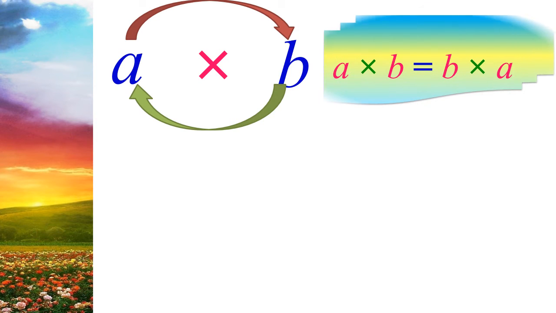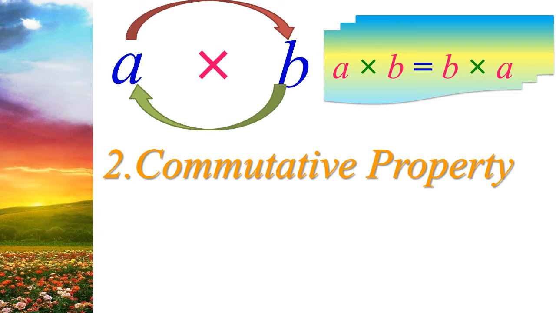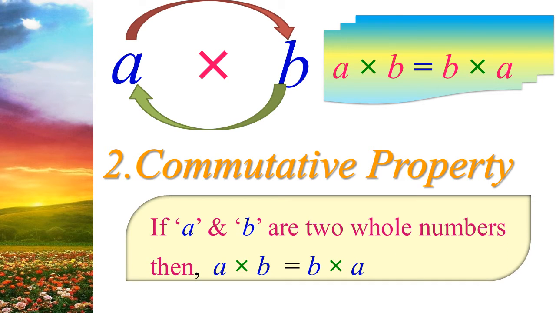That is, A into B equal to B into A. So, we define the commutative property as, if A and B are 2 whole numbers, then A into B equal to B into A.